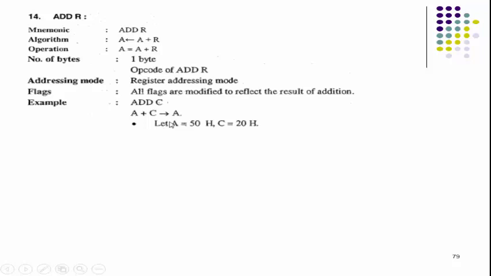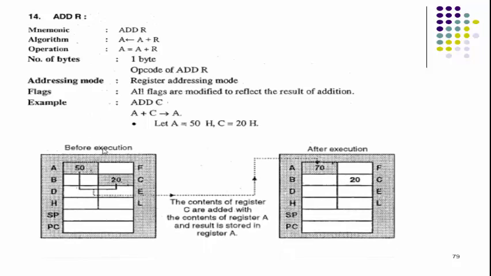Suppose in the accumulator you have 50 hex and in the C register 20 hex data. Before execution, the accumulator has 50 hex and the C register 20 hex, and suppose this ADD C instruction gets executed.